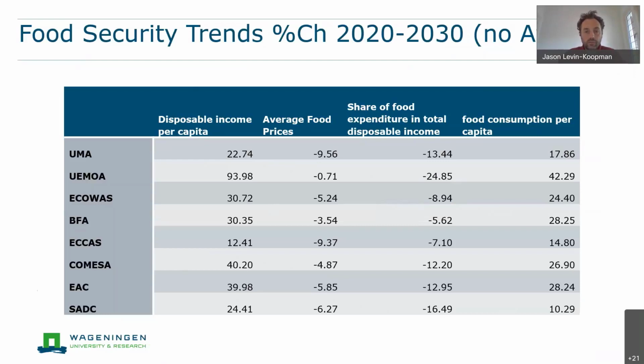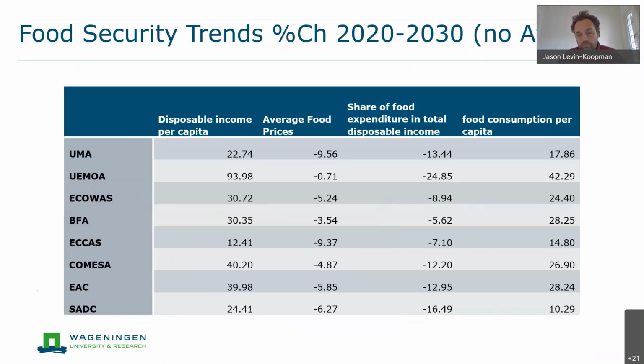These are the four food security indicators we're looking at: disposable income per capita, average food prices, the share of food expenditure in total disposable income, and the food consumption per capita. These numbers are just the percent change. These aren't the full numbers. These are the percent change in this period.